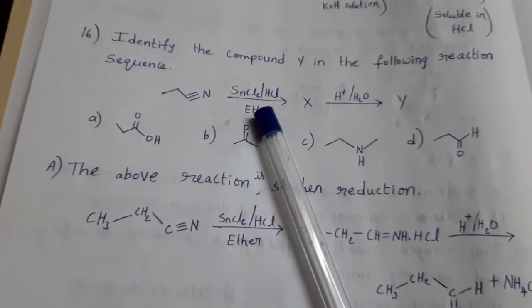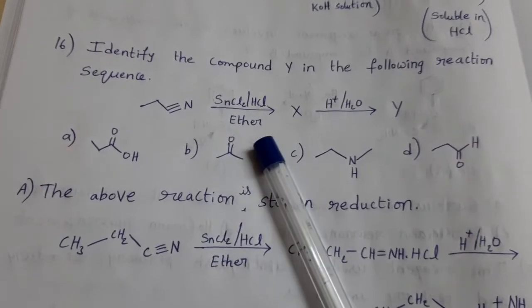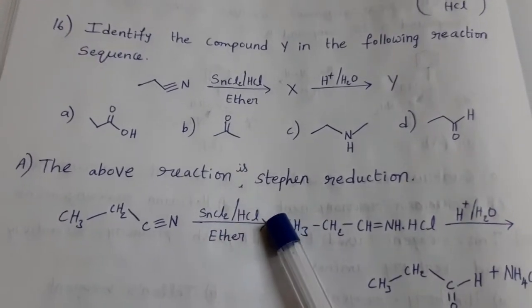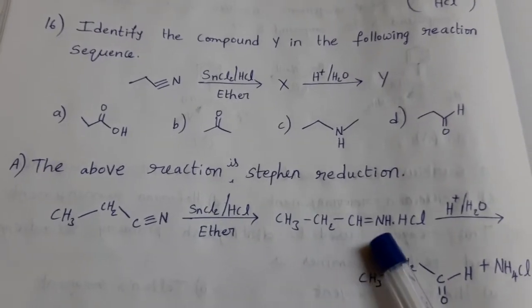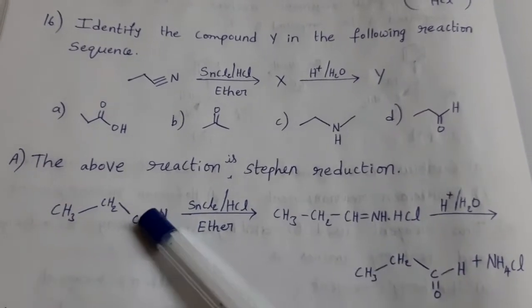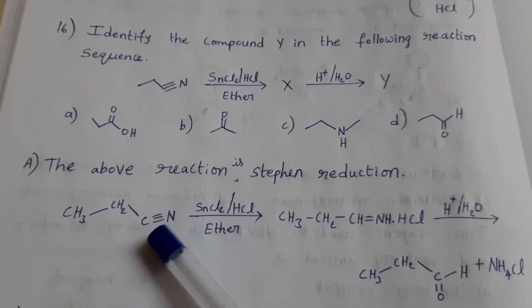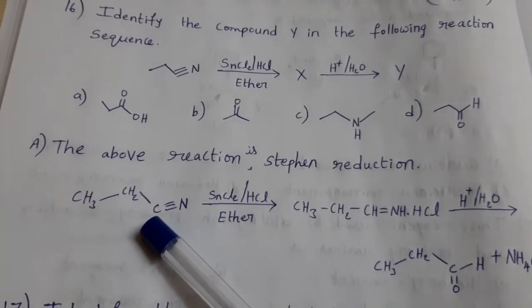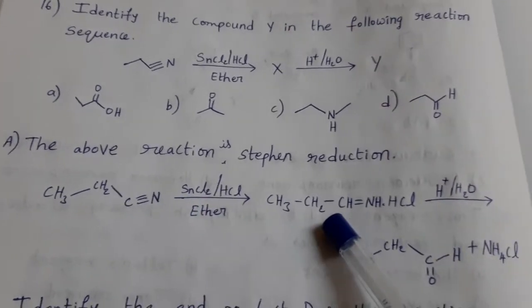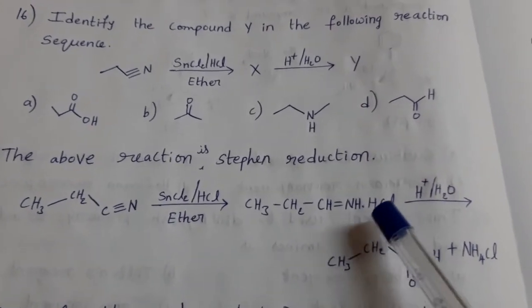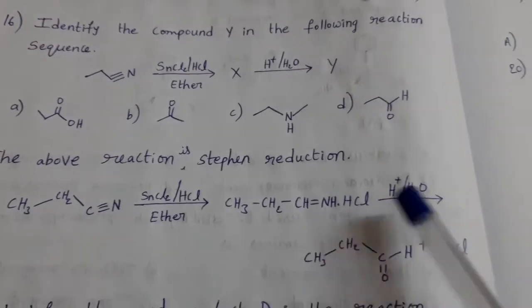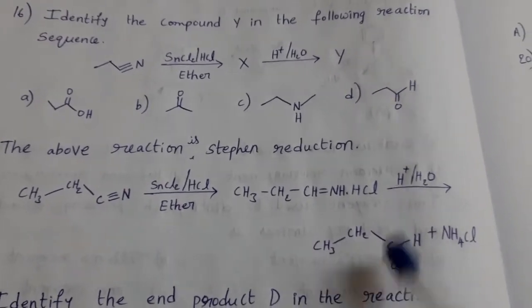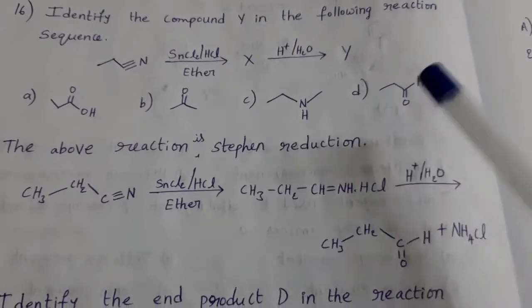We can understand this reaction very clearly. It is Stephen reduction. Alkyl cyanides are treated with stannous chloride and HCl in ether medium, and we get an imine, CH double bond NH, with one hydrogen attached here and another here. So we get the imine hydrochloride salt. Followed by hydrolysis, we get an aldehyde. So what is the option? Option D is the answer.